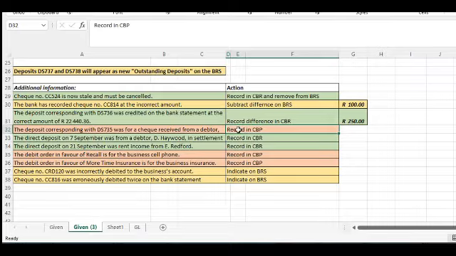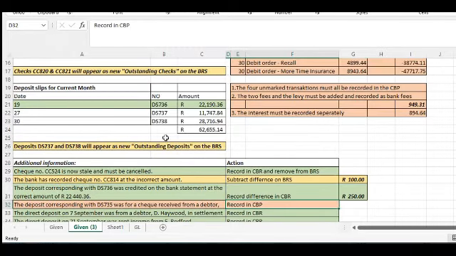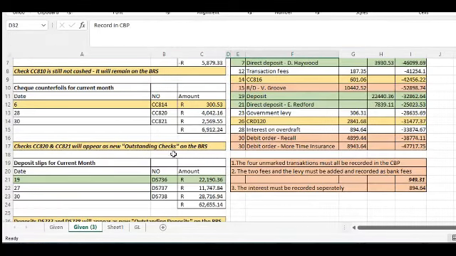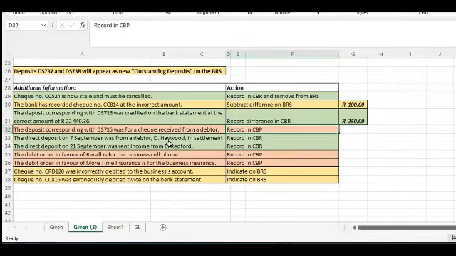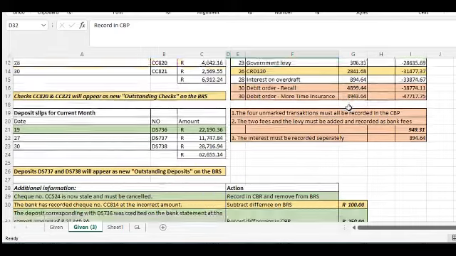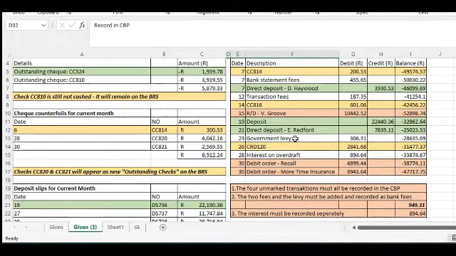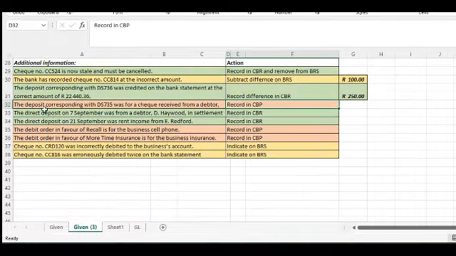Somehow what happened here is we issued check 735 to somebody, but for some reason it was not recorded in our cash book payments register. So we just rectify the mistake by recording it in the cash book payment. And then we go to our bank statement and we say, okay, that is not a problem. We can simply deal with it.